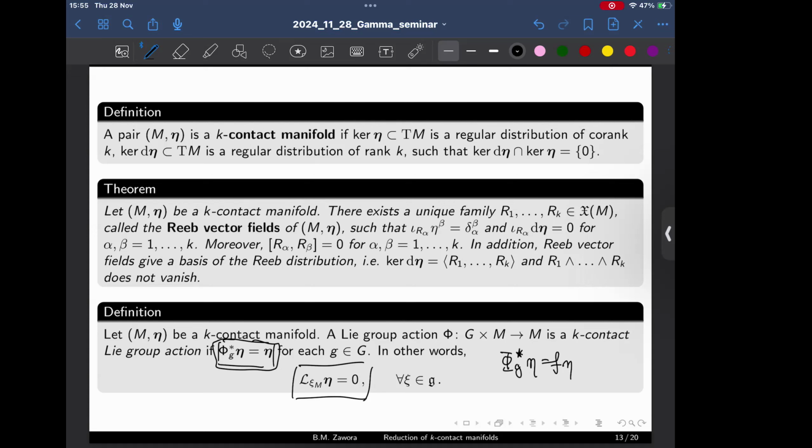But this is a separate case, and this approach to contact reduction with such Lie group actions can also be generalized in our language. But let us stick to the k-contact Lie group action that leaves the k-contact form invariant.